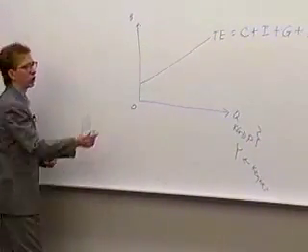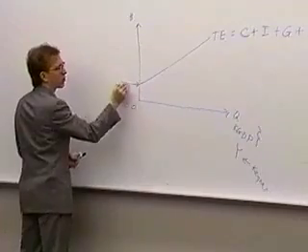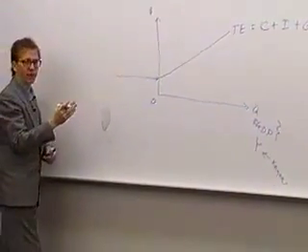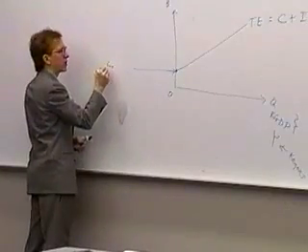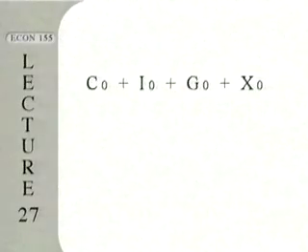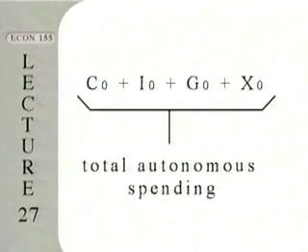Okay, and this total expenditure amount, the curve starts off at this point, the vertical intercept they call that. That is C0, that is autonomous consumption, plus investment spending, plus government spending, plus net exports. And I'll put a little 0 next to each one of these to show you that this is an autonomous amount of spending. This is total autonomous spending.